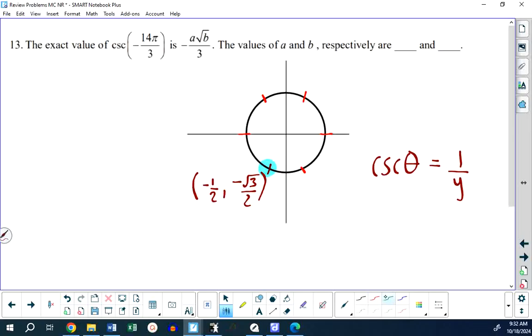Or would you agree that cosecant is the reciprocal of sine? So we have to flip that over. Now, unfortunately, we get negative 2 over root 3, which does not mesh with the answers. But if we use Math 10 and rationalize this, we get the answer. Good?